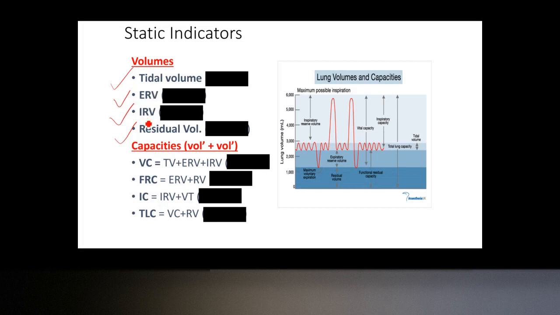And same goes for inspiration. If you were to inspire forcibly, this is the amount of volume we would inspire in addition to the tidal volume. Can anyone tell me what is the maximum tidal volume that we can have? I think everyone knows 500 ml is the normal one. How much can the maximum tidal volume be?